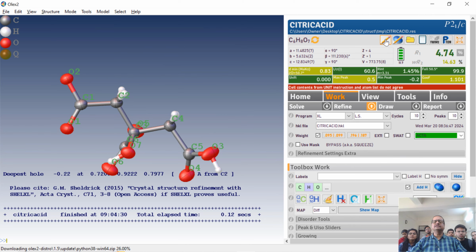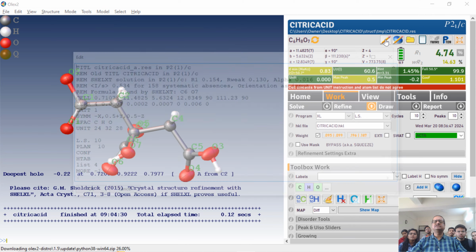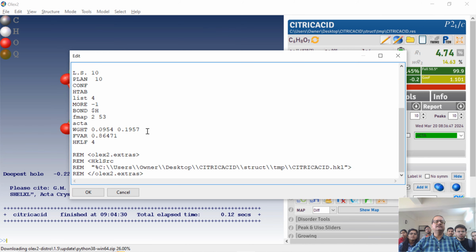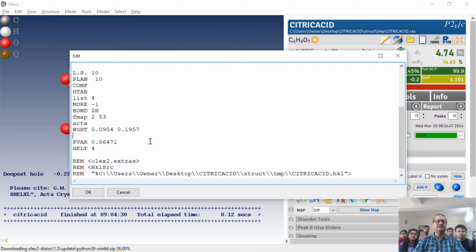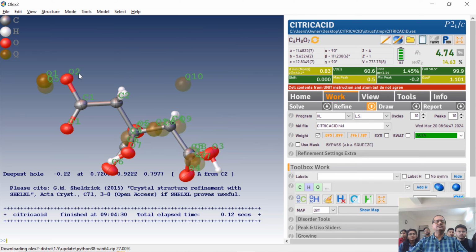So you go ahead, click on that icon, which opens up your instruction file. Anywhere above the HKLF 4, you write HFIX 147 on that oxygen 2. 147 is the command to fix 1 hydrogen on that oxygen, and then refine.